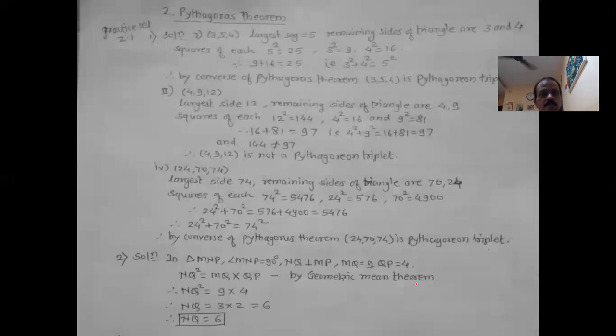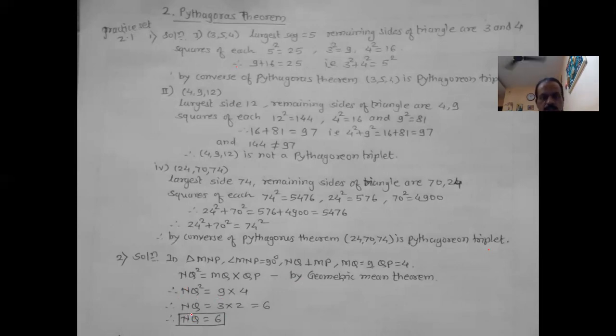We discussed it in the previous lecture. What is the meaning of a geometric mean? When in a right angle triangle we draw a perpendicular from the vertex of the 90 degree angle to the hypotenuse, the square of this segment is equal to the product of the two segments formed on the hypotenuse. So here also NQ square is equal to 9 into 4.